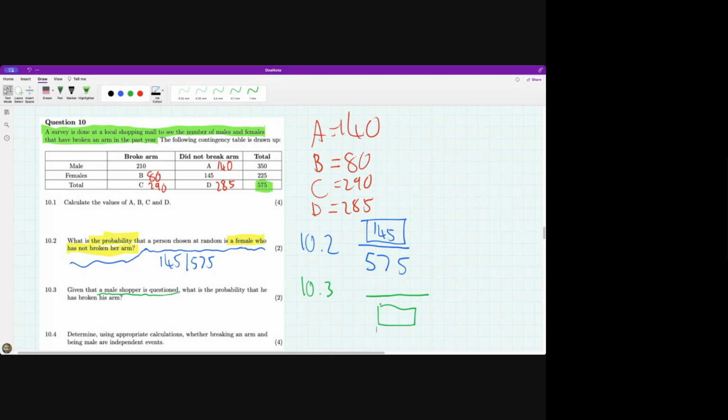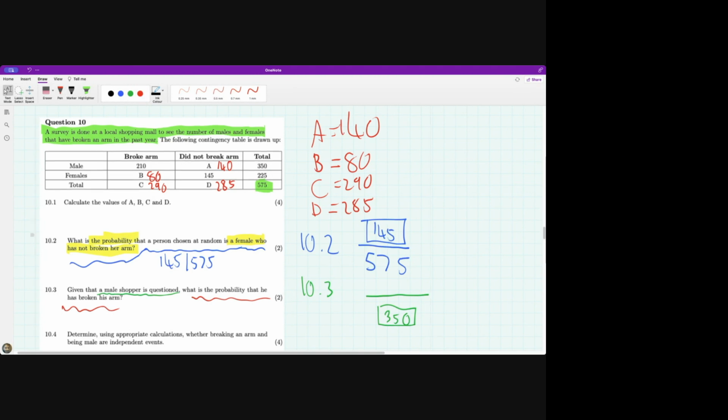The condition is the person must be male. If I look at my table of data, how many males are there? There are 350. Look how useful the table data is. You can so easily get what you need quickly with the table. So we know there's 350 people. Of those 350, what is the probability that person has broken their arm? But again, we're living in male land here.